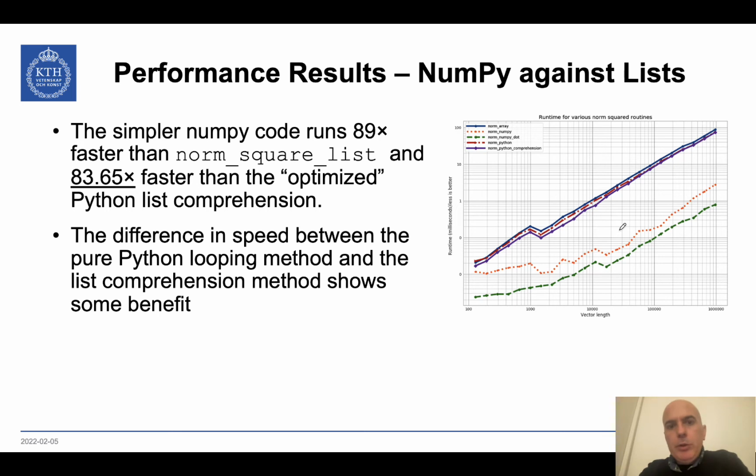So if we want to get some numbers, the simpler NumPy code runs 89 times faster than the non-optimized Python list, so when we use a Python list, and roughly 80 times faster than the optimized Python list comprehension. We also note that the Python version using list comprehension is slightly better than the normal Python implementation with the list.